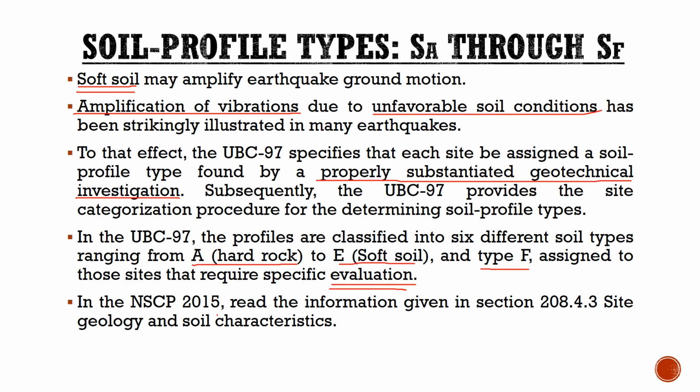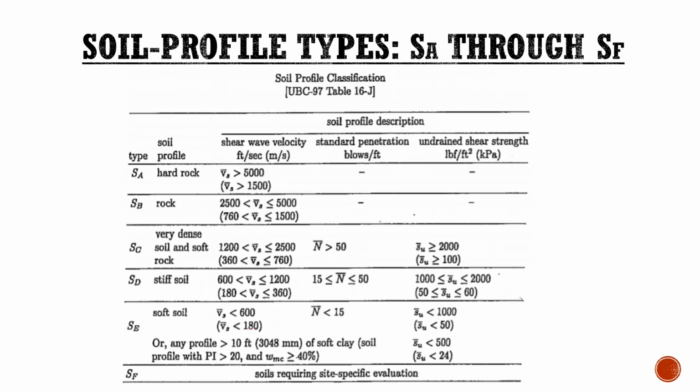So in NSCP 2015, read the information given in section 208.4.3, site geological and soil characteristics. So pwede ninyo ni pa-studyan guys sa NSCP 2015. So this is based on UBC guys. Okay, so this is how they classified the soil profile. SA hard rock, SB rock, SC very dense soil and soft rock, SD stiff soil, SE soft soil, then SF needs evaluation guys.